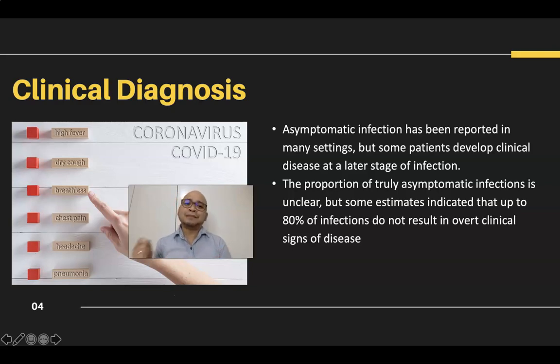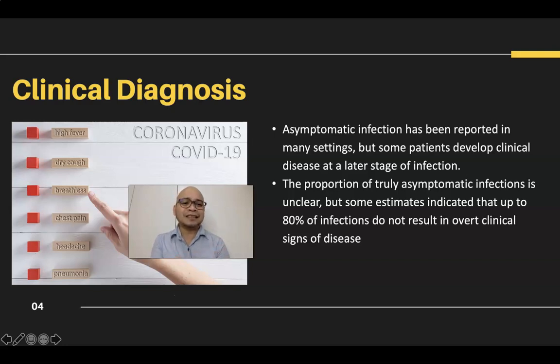When we say truly asymptomatic, these patients do not feel any slight symptoms at all. The proportion of truly asymptomatic infection is unclear, because these people wouldn't warrant themselves to be tested for COVID-19.